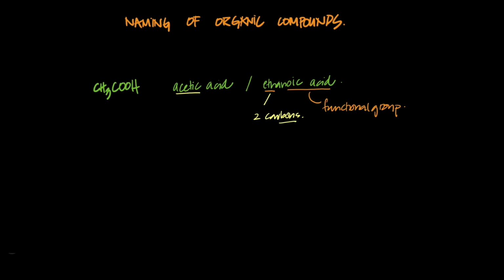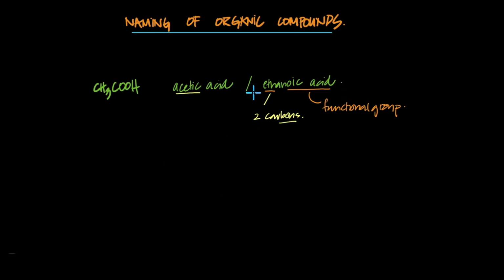Similarly, those who take biology might recognize the names I mentioned earlier, like alanine and glycine. Those are amino acids, but we'll talk about that later, not this year. But the point is, there's a purpose for this naming convention, and the purpose is that the name can tell us a lot about the organic molecule. And then you'll learn how to name them.